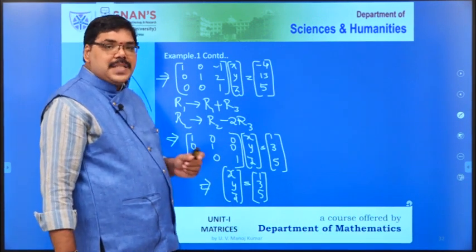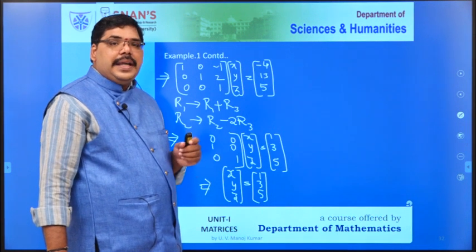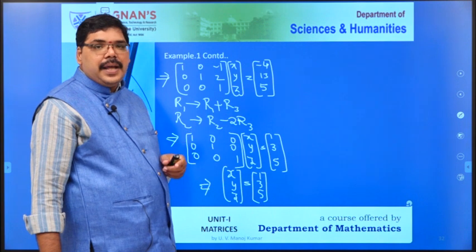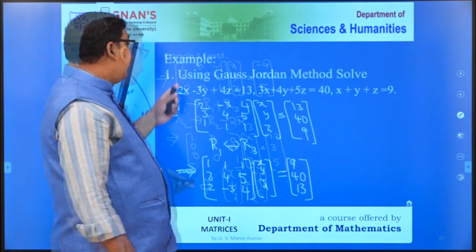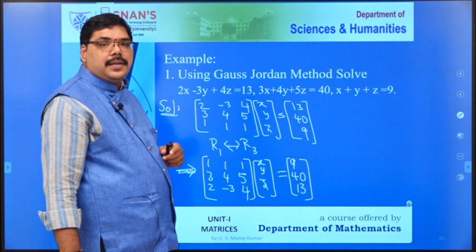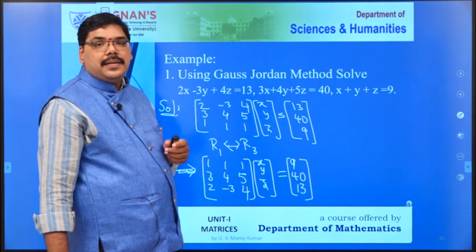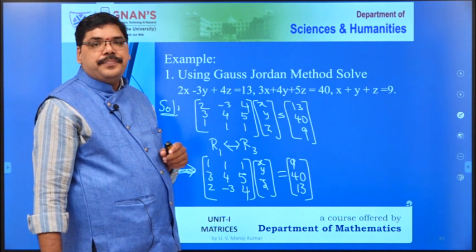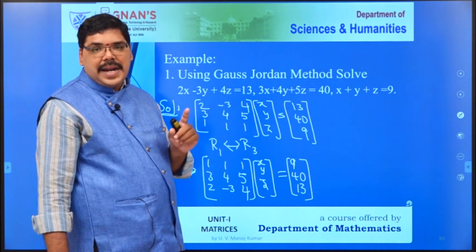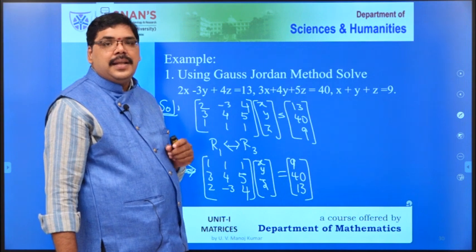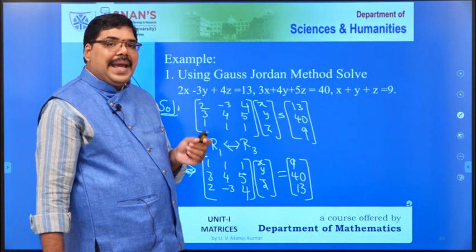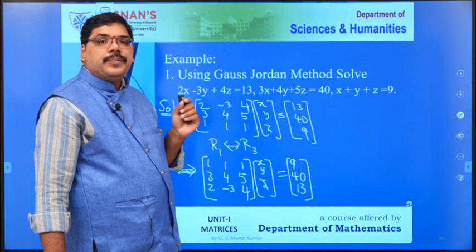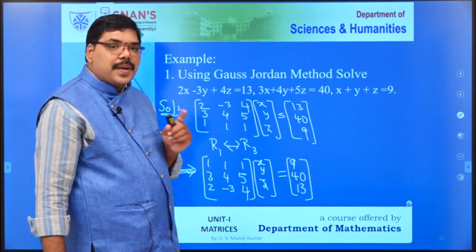In this way, we can solve a given system of equations using the Gauss-Jordan method. Let us have a relook into it. Here we have a problem on the Gauss-Jordan method. What is the method? In the Gauss-Jordan method, we write the given system of equations in matrix form and then apply row operations on A and B both, so that A is reduced into normal form.